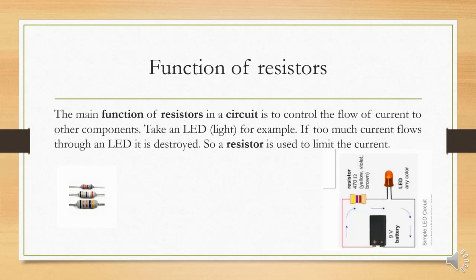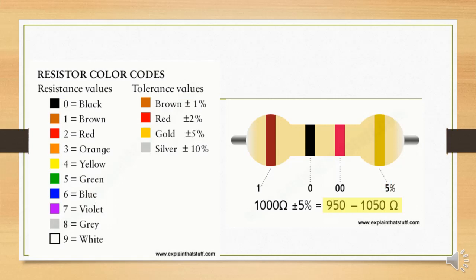The main function of the resistor in a circuit is to control the flow of current to other components. Like we have taken the LED for example. If too much current flows through the LED, it is destroyed. So a resistor is used to limit the amount of current passing through the LED.